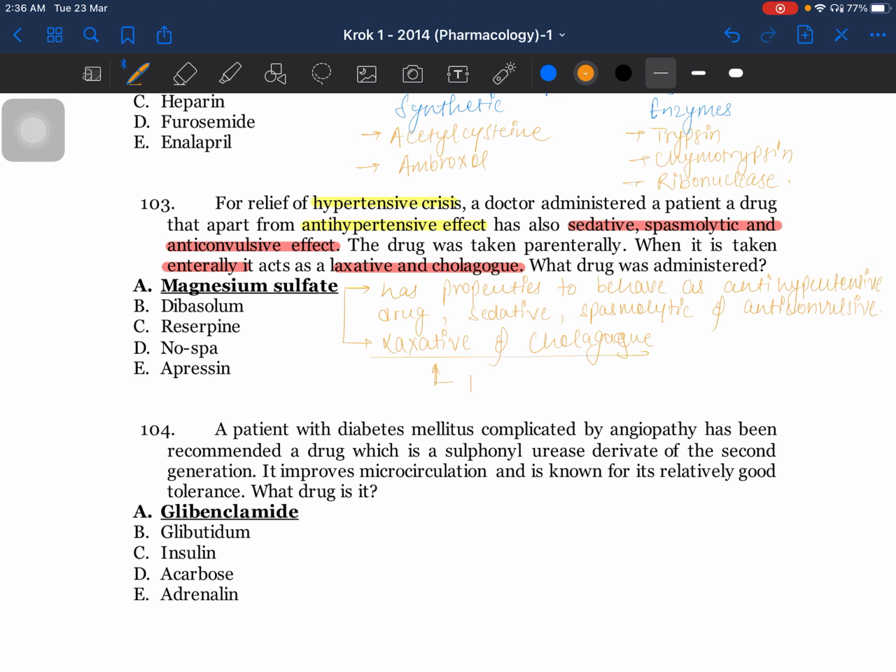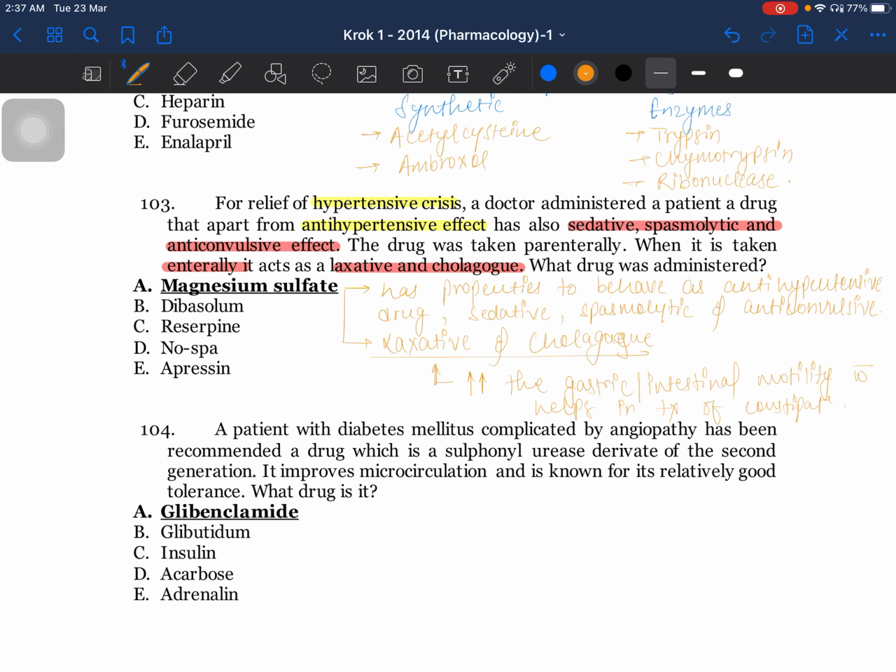These both increase the gastric and the intestinal motility, which helps in treatment of constipation. Okay.